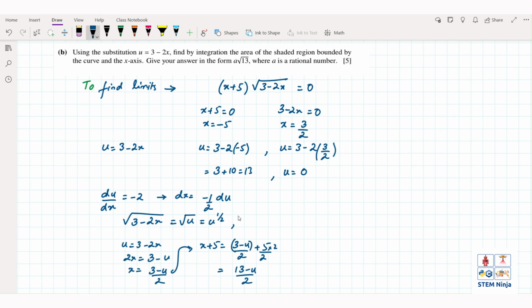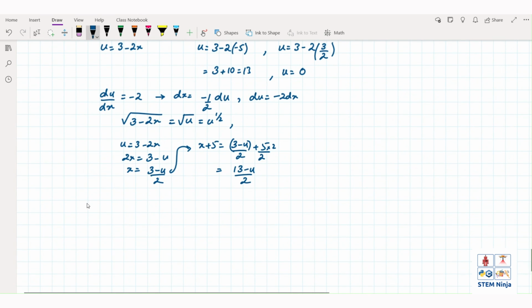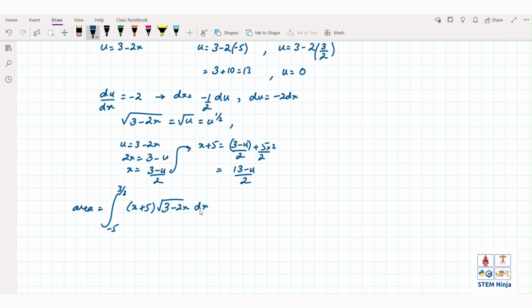Instead of dx, we could have du also. So du would be minus 2 dx, whichever is satisfactory for us. What we have here is the area between minus 5 and 3 over 2 for x plus 5 root 3 minus 2x dx. Now we have substitutions for all of them.